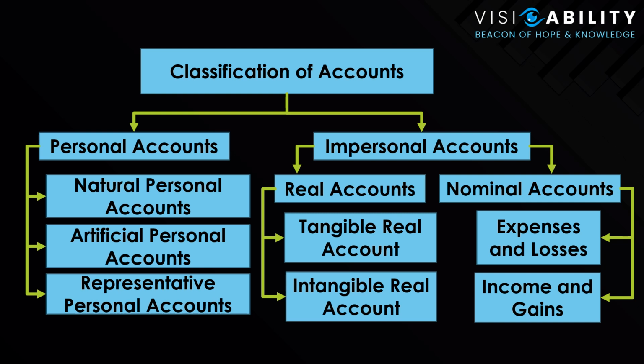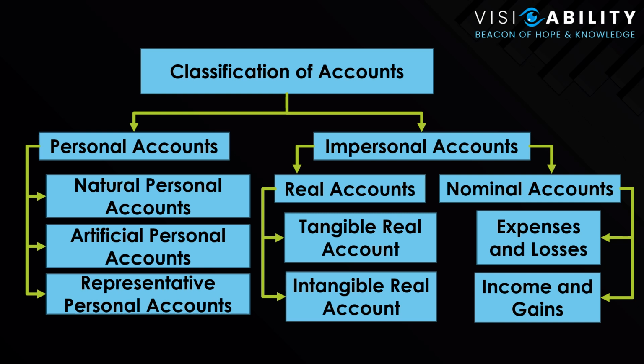That's the nominal account. So all the expenses that we incur on a day-to-day basis, or rent that we pay, or if you travel by bus, the traveling expenses that you pay, are all names under which the transactions take place and the exchange of money takes place, and this could be either an expense or an income from the business point of view.